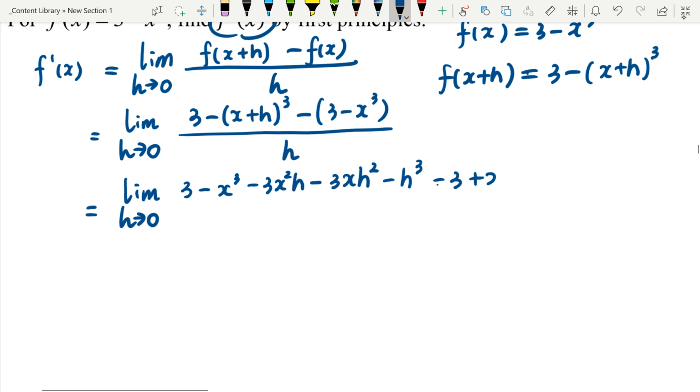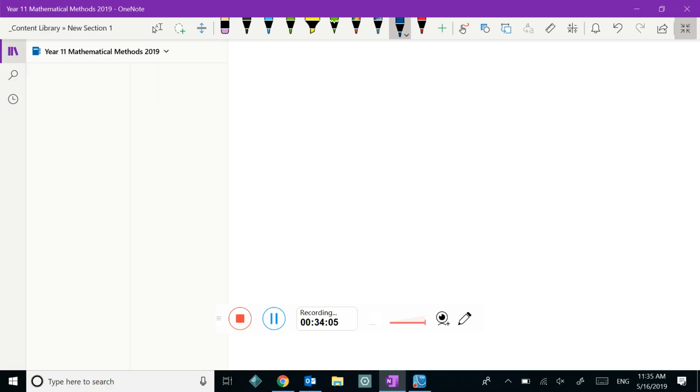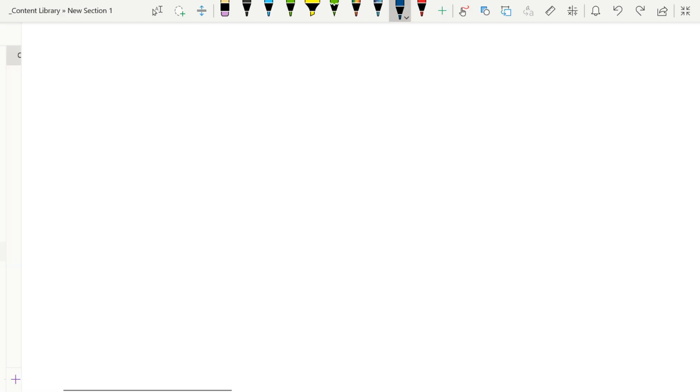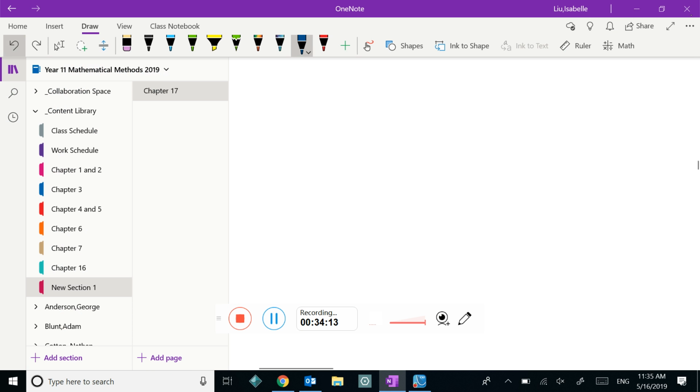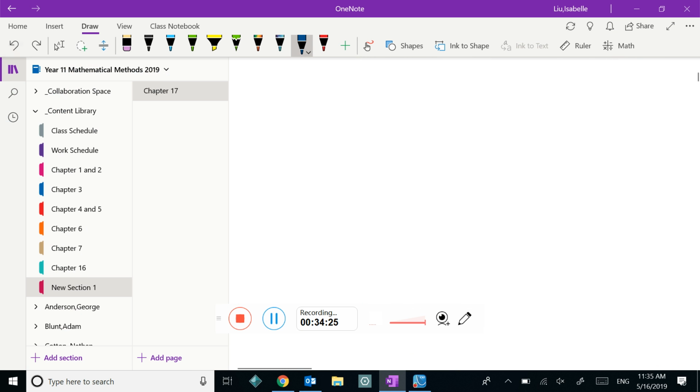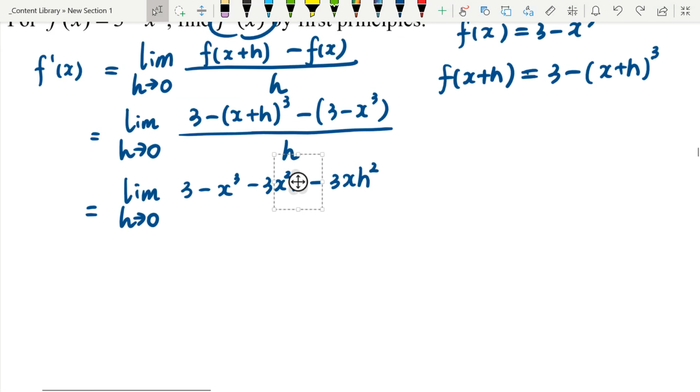Minus 3 plus x cubed, minus h cubed, minus 3 plus x cubed, over h.